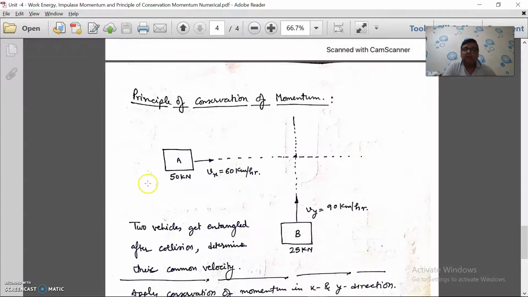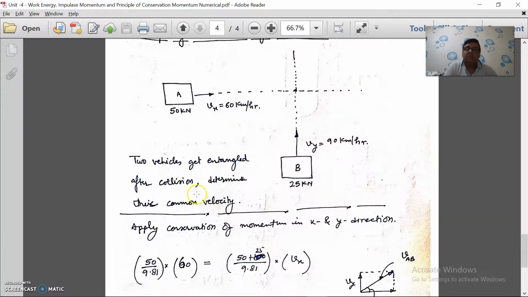Okay, now we just laid down the entire structure and given the numerical in this way, that this is the 50 kN vehicle. It is going along the x-axis, this one along the y-axis, by this speed and by this speed, and these two vehicles get entangled after collision. Determine their common velocity.